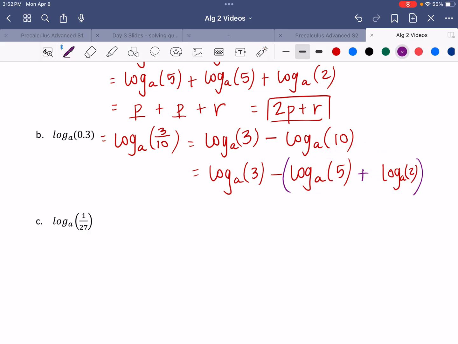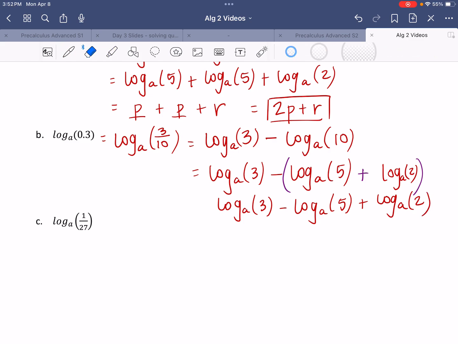So it's also equivalent to writing it as, and I know I'm just maybe being a little too exact right now, log base a of 3 minus log base a of 5 minus log base a of 2. So everything that has a minus sign would be going on the denominator and combining together by multiplying, which I know feels weird. But again, this is another way that I could write it instead.